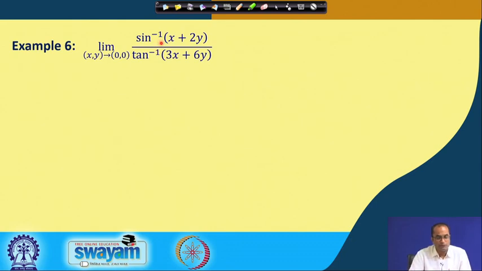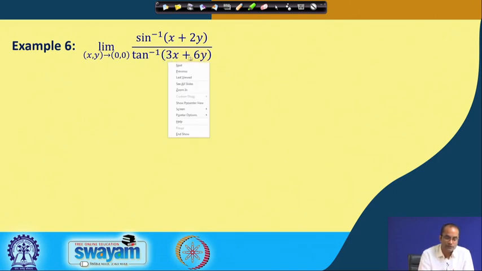So here, sin inverse of x plus 2y and tan inverse of 3x plus 6y. This is another approach without changing the coordinate system. We can observe here that this is x plus 2y, and in the tan inverse the argument is again 3 times x plus 2y. So, we have the same number x plus 2y.